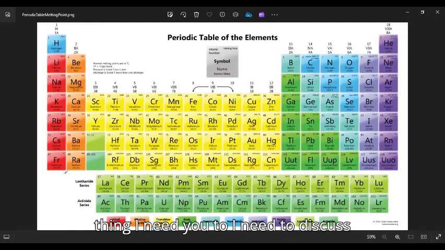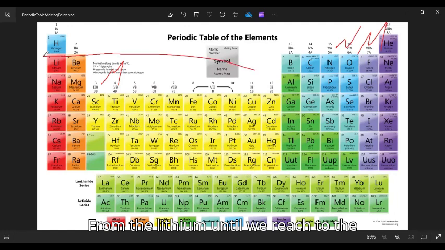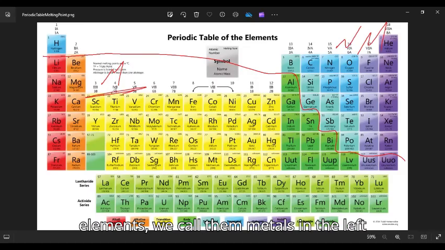Now, the third thing I need to discuss with you is that the periodic table consists of metals and non-metals. From lithium until we reach the green one here, all of that we call the metals. All of those elements we call metals on the left side of the periodic table.